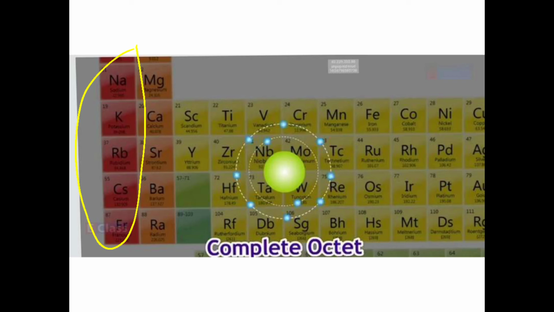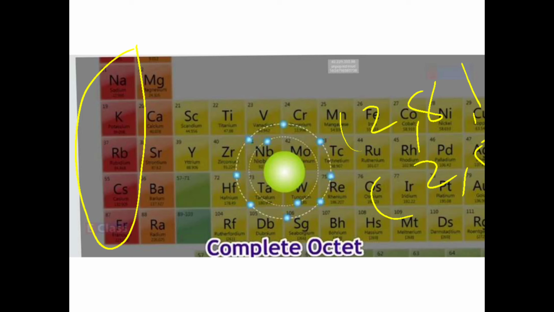While going down in a group, one new shell gets added. So the first has electronic configuration 2, 8, 1. Next we will have the electronic configuration 2, 8, 8, 1. Correct? So one shell gets added, but the valence electrons remain the same.